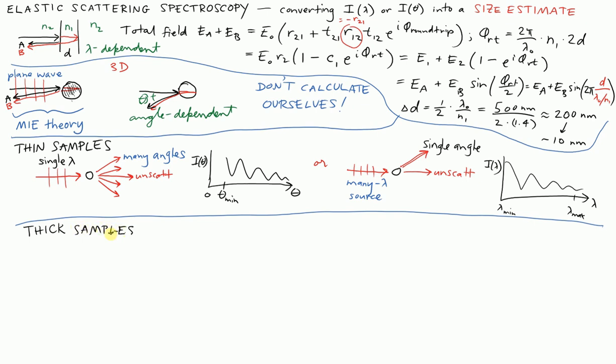So the geometry of a thick sample that matters is a situation where you might have a layer with some scatterers in it that's near the surface. These might be nuclei, I'll shade them in a bit, that are inside of various cells. And this might be some lining tissue.